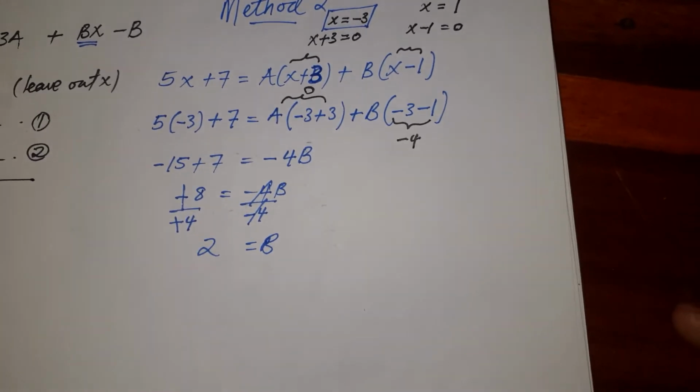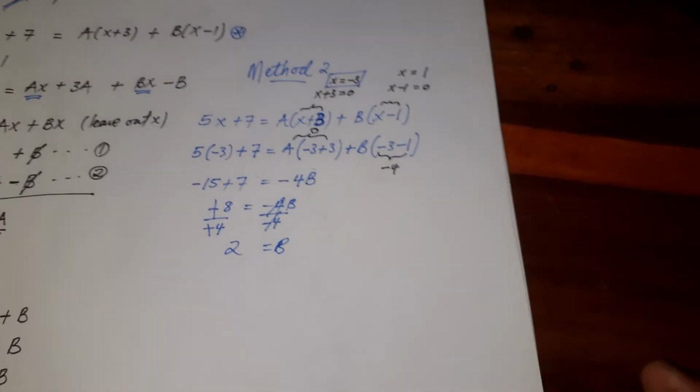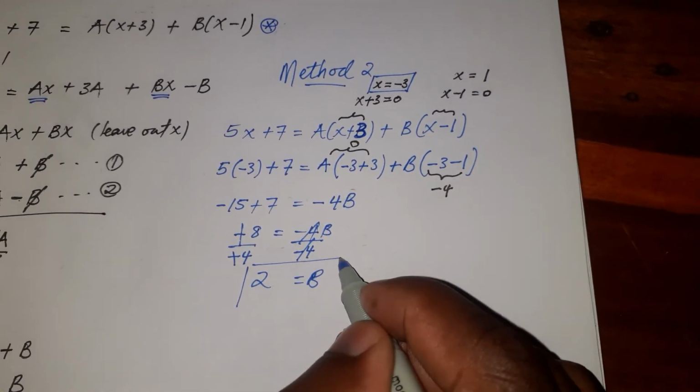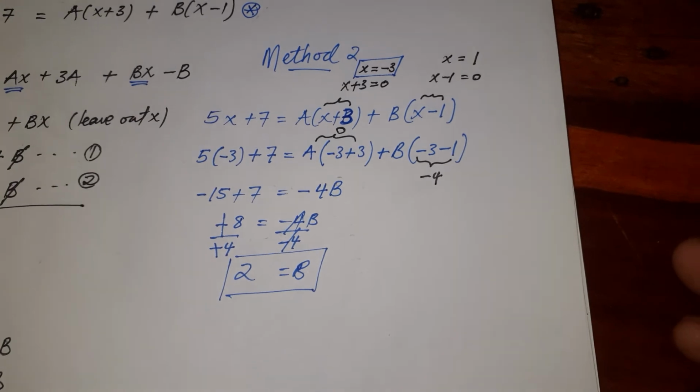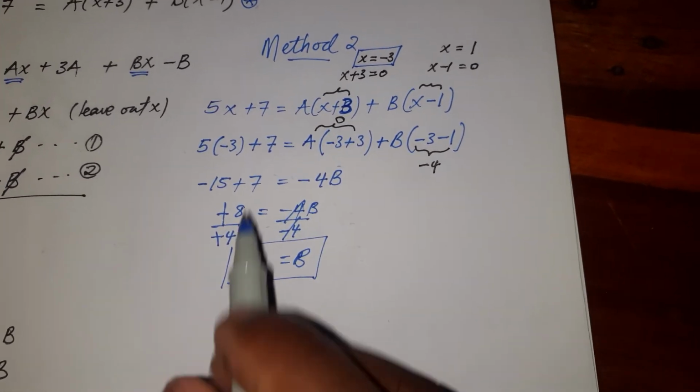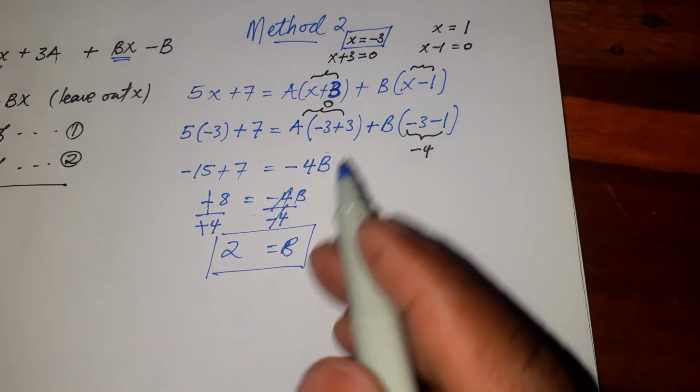Now that we have that, we can also now use x equals 1. We have the first solution here. Let's use the other value of x. We are still going to work with that equation.